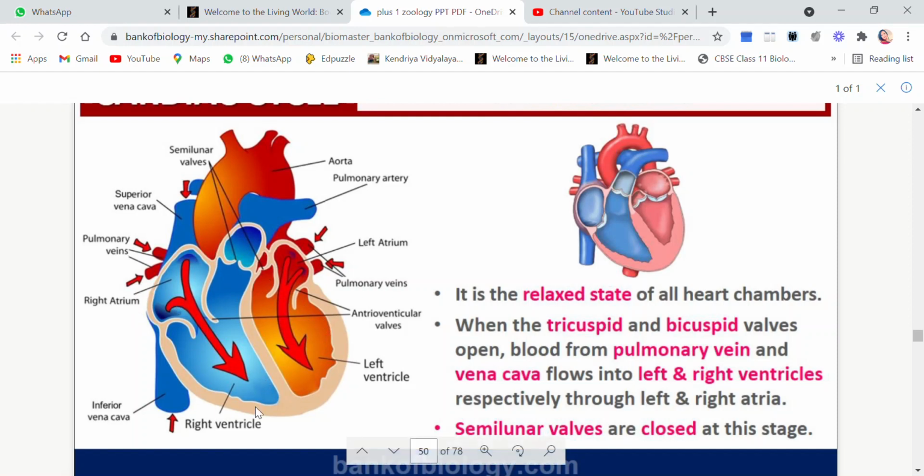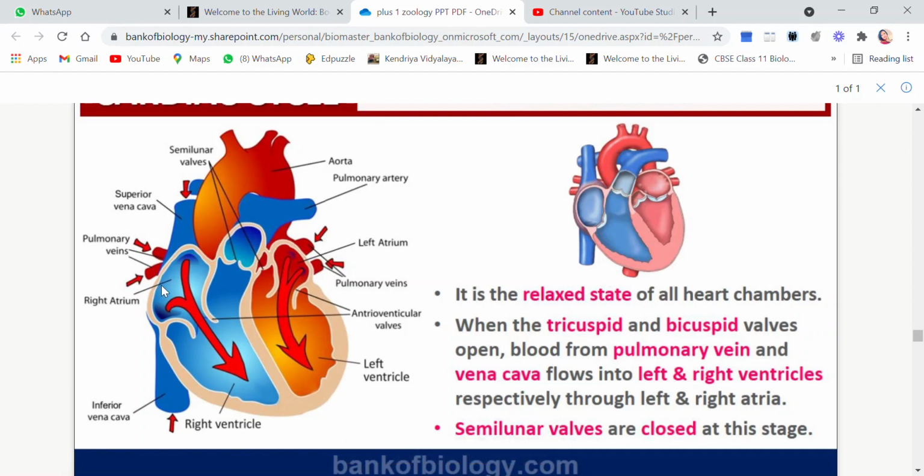So in this situation, when the heart is relaxed and the valves are open, the deoxygenated blood from the vena cava, you see this is the vena cava, this is the superior vena cava, and this is the inferior vena cava, is poured into the right auricle.